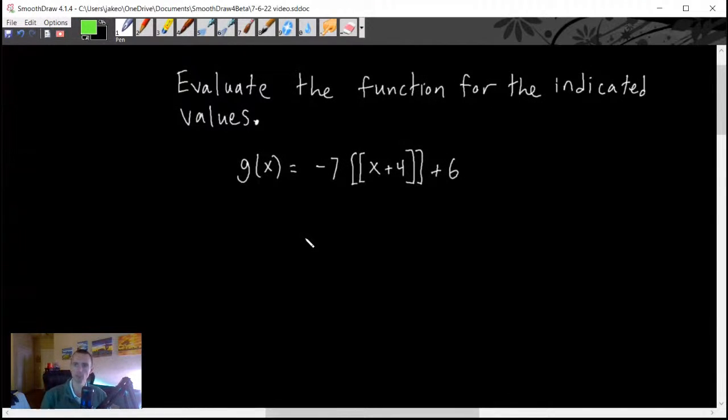So let's do this problem here. We're going to evaluate the function for the indicated values. And I forgot to write the indicated values. Let me go grab that real quick. Sorry about that.